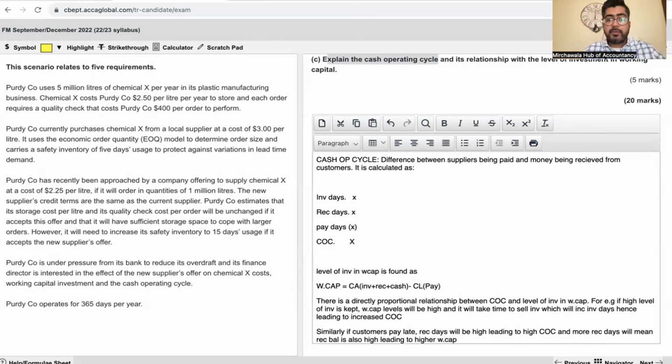Or you can understand it this way, if receivables balance is high, working capital will be high. But more receivable balance means it will take more days to recover. So receivable days will also be high, and this will lead to higher cash operating cycle.